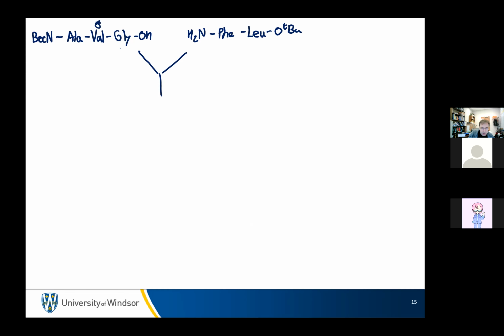And now I run the risk, I would epimerize this glycine, but I can't epimerize this glycine because glycine is not epimerizable.